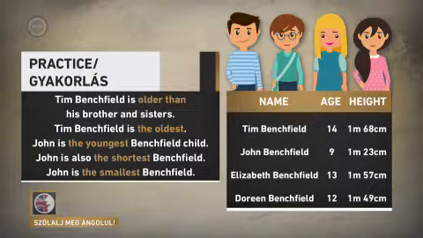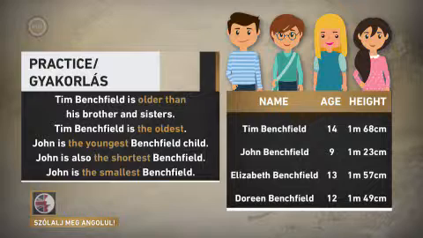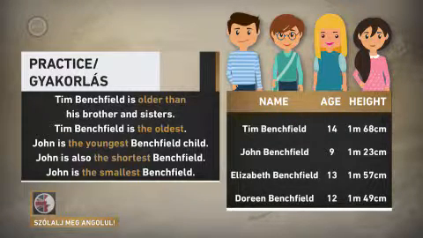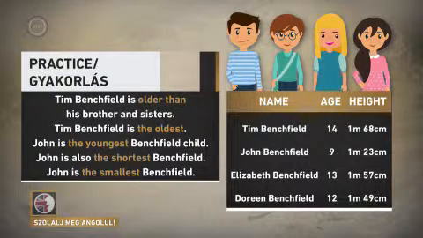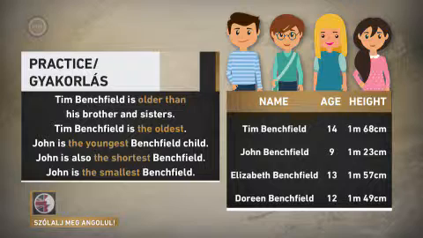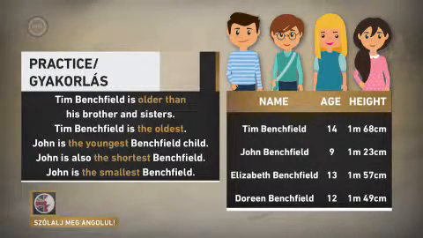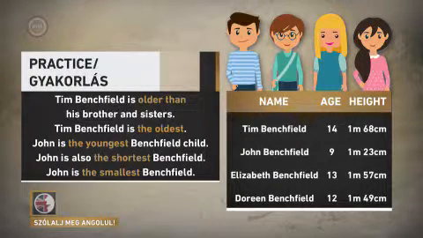Well, we can make two superlative sentences about John Benchfield, can't we? First, if we look at the Benchfield kids' ages, we can see that John is the youngest Benchfield child.